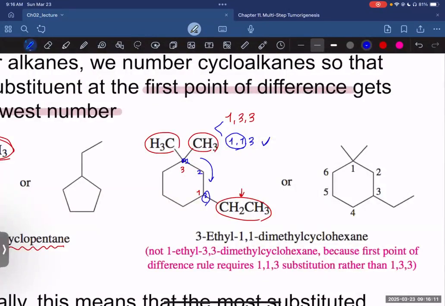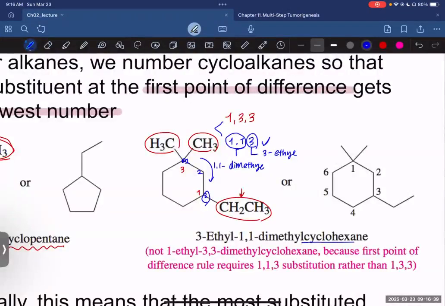We have to realize that we have 2 methyl groups, so it's going to be named dimethyl, and we have 1 ethyl group at position 3, so it's going to be given the name 3-ethyl. When we write the entire molecule's name, we have to consider the entire ring, which is going to be 6 carbons long and a cyclic structure.